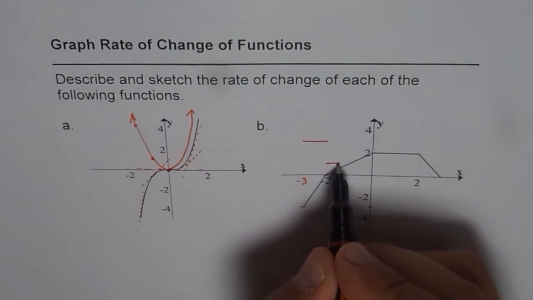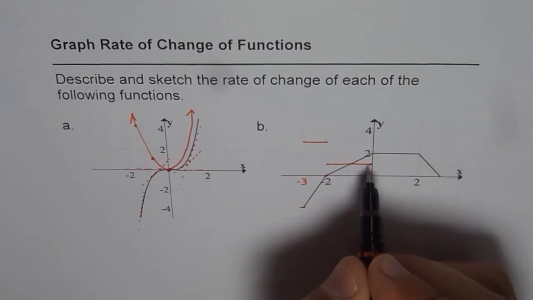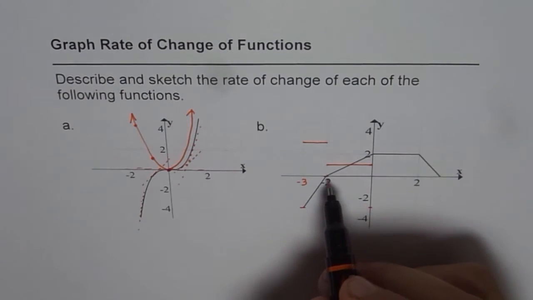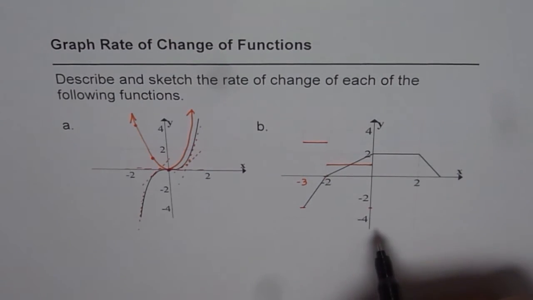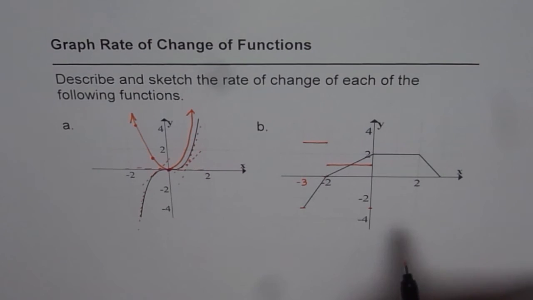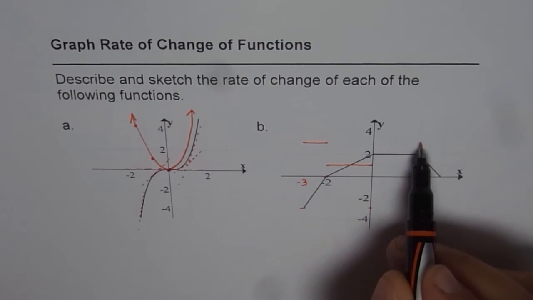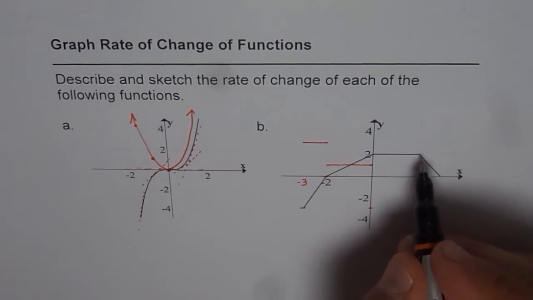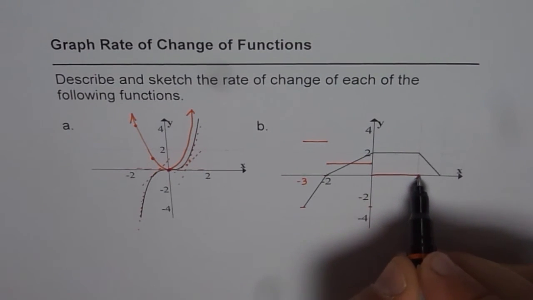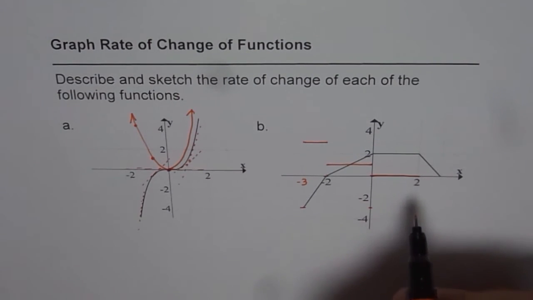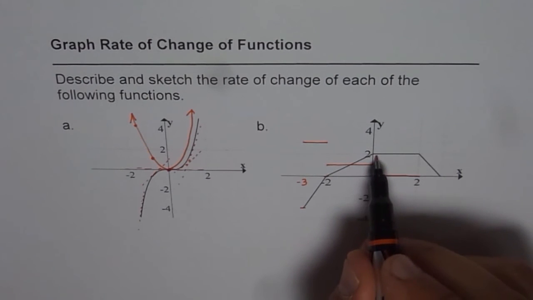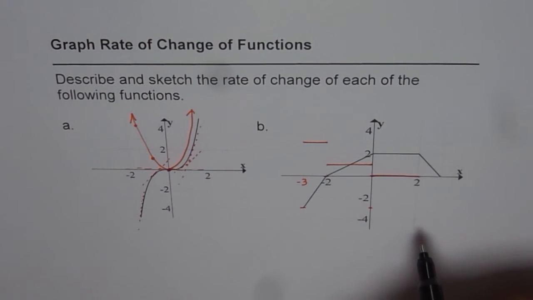So we can draw this line at 1 to represent rate of change during this part of the graph. Now here we see that's a horizontal line. Whenever there is a horizontal line, change in y value is 0. So the rate of change has to be 0. So that straight line from 0 to 2 represents the rate of change for this particular portion.